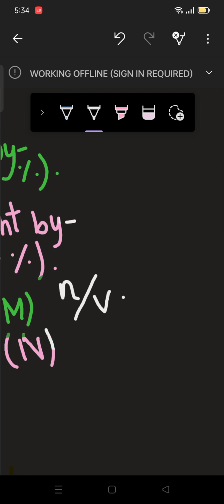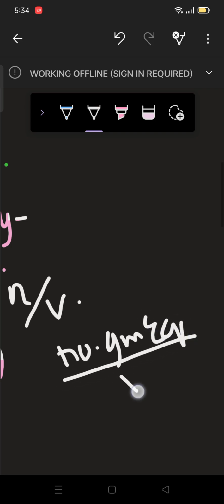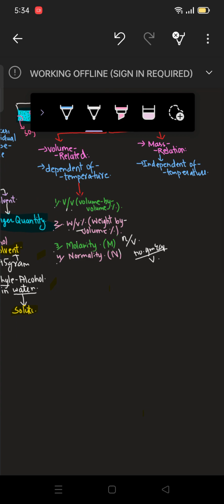Normality is basically number of gram equivalent per unit volume. So here you can find volume too. So in each term, you can find volume. So this is why we have put them in the volume related, since they all are related with the volume.